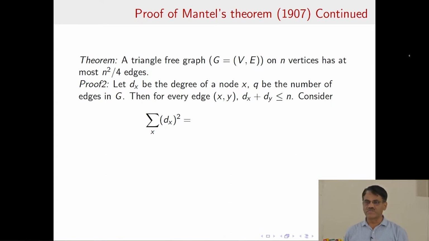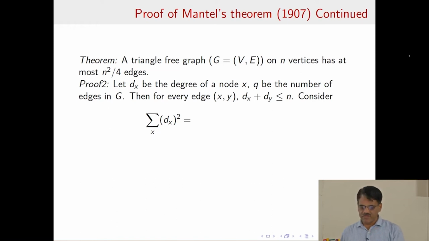Just like that, I want to sum this and get an upper bound for it and a lower bound for it, and together we will get something. So q is the number of edges in the graph. I should have used m, but okay. So now one way to think about this quantity summation dx square is that for every vertex x, there are degree many edges going out, and suppose I add a weight of dx to each of these edges, then I am adding the sum of the weights on the edges, right.